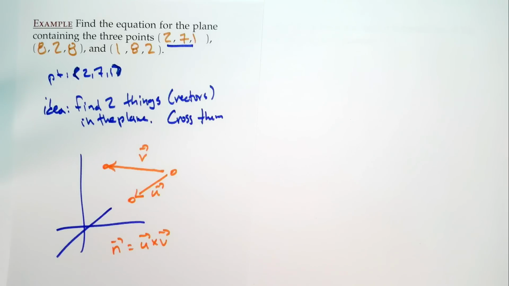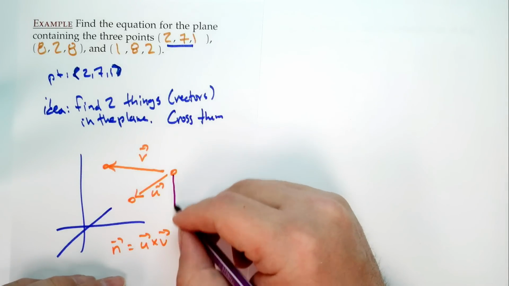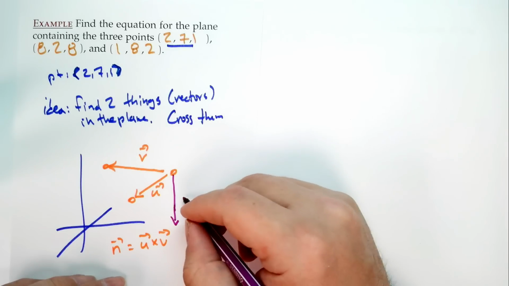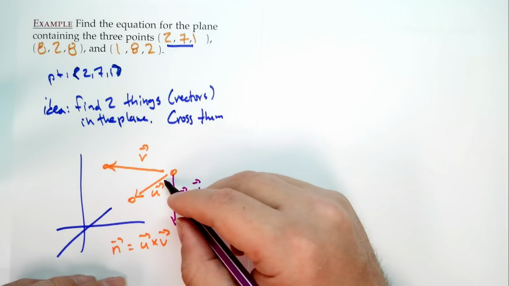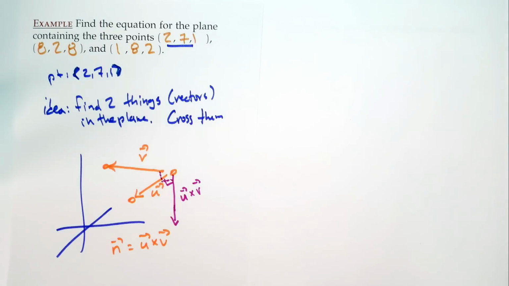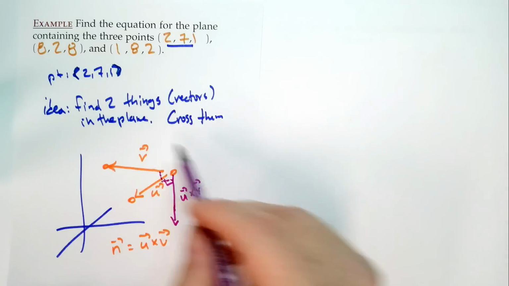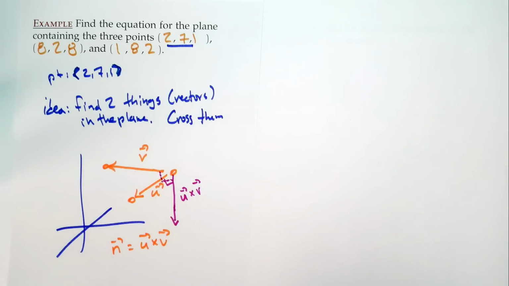Now, if you take their cross product, you'll get a new vector, probably pointing this direction if our picture were accurate. U cross V is perpendicular to U, and it's also perpendicular to V, which means that it's perpendicular to this plane that contains both U and V. Well, that's our plane. That's the plane we want.